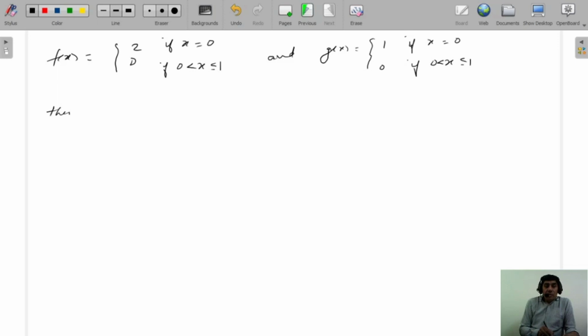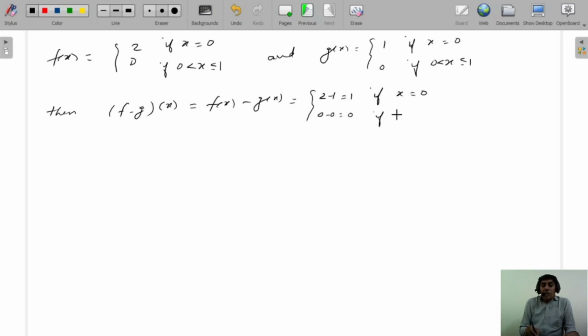Then (f minus g)(x) is equal to f(x) minus g(x), which is equal to 2 minus 1 is equal to 1 if x is equal to 0, 0 minus 0 is equal to 0 if x is greater than 0 and less than or equal to 1.